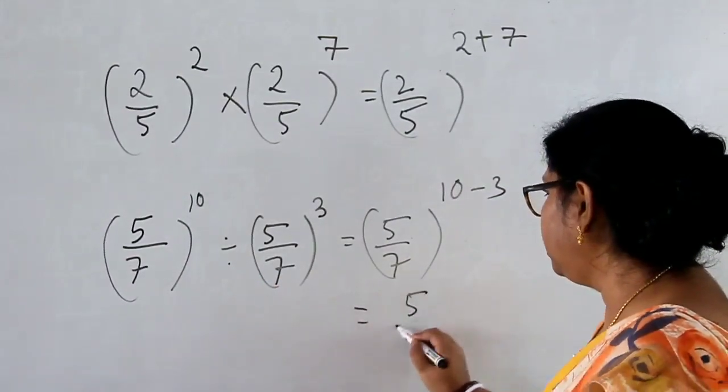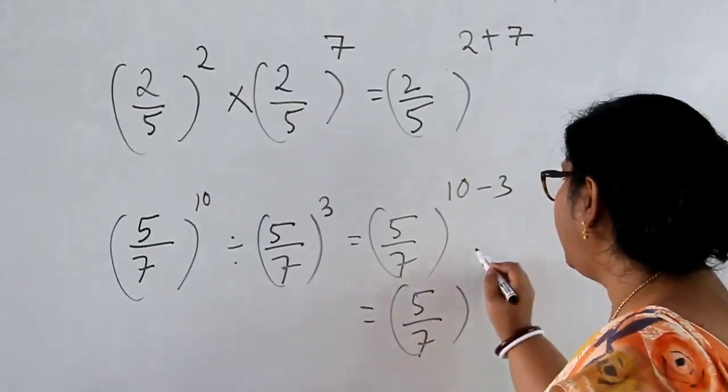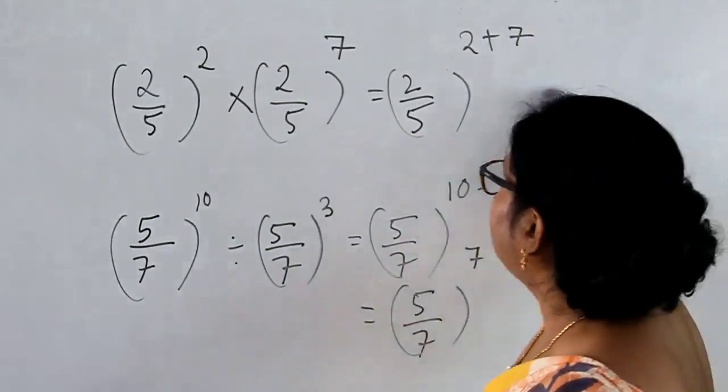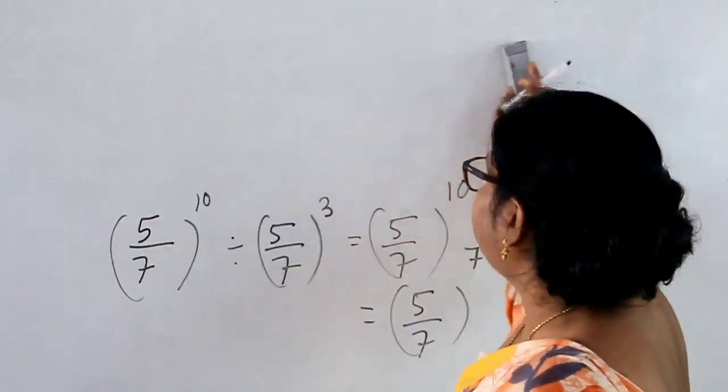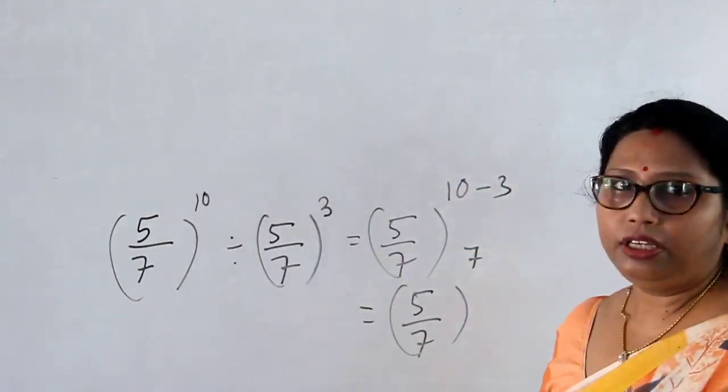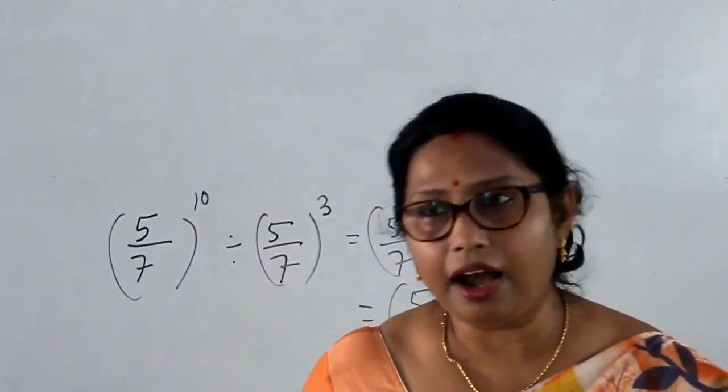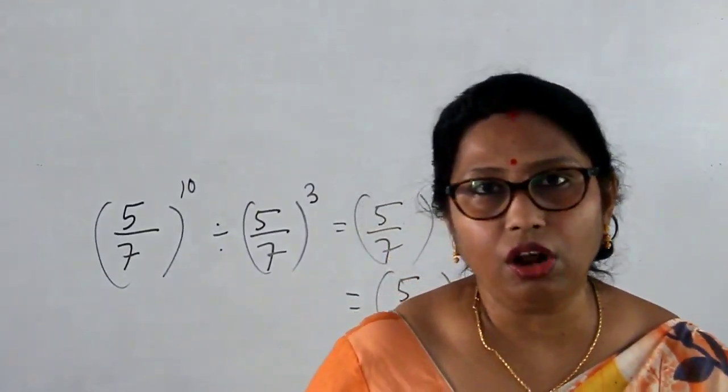Now we are going to get the result 5 by 7 whole to the power 7. After these examples, we know how to use those laws of indices.